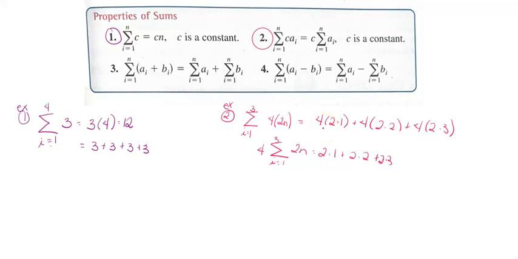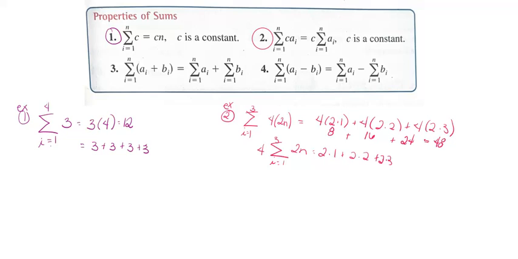So when we solve it the first way, we would say 2 times 1 is 2, times 4 is 8, 2 times 2 is 4, times 4 is 16, and 2 times 3 is 6, times 4 is 24, and then you would add them to get 48.